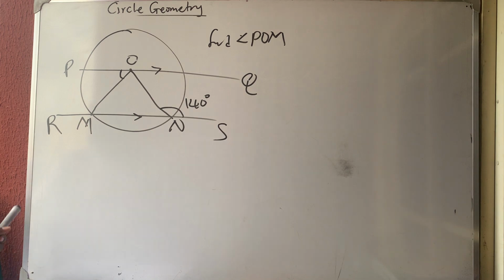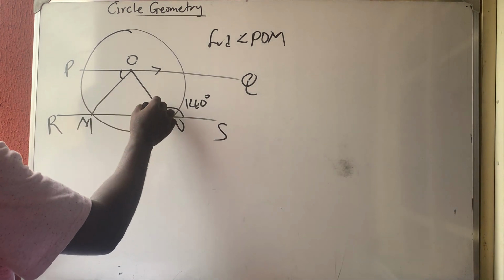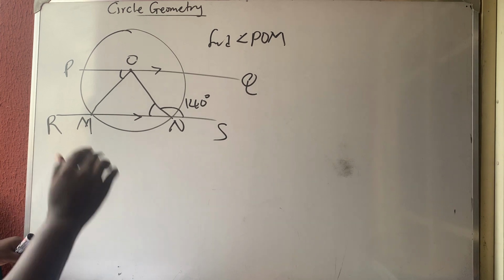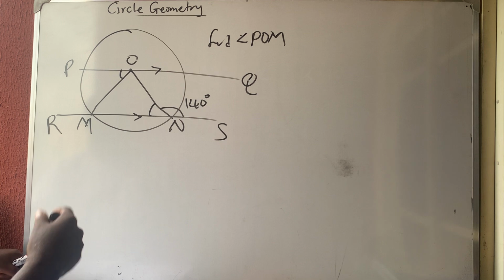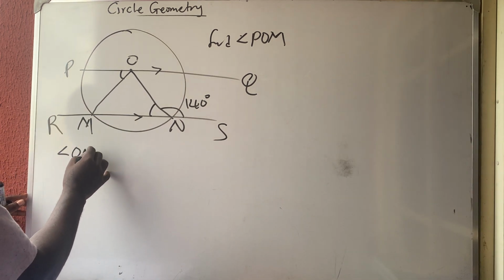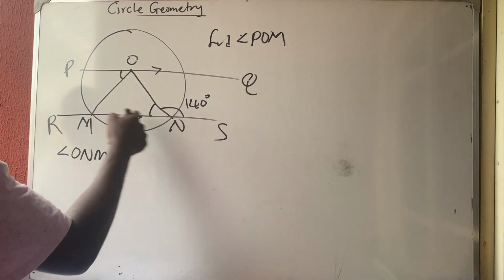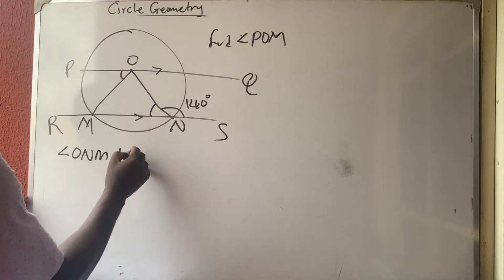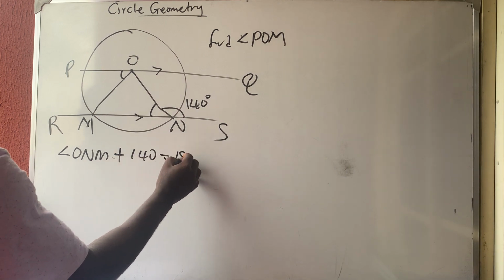All right. To find there is very, very simple. We can get here. So how do we get here now? Even we can get these two places. But let's get here. Getting here, we say that angle ONM plus 140 is equal to 180 degrees.